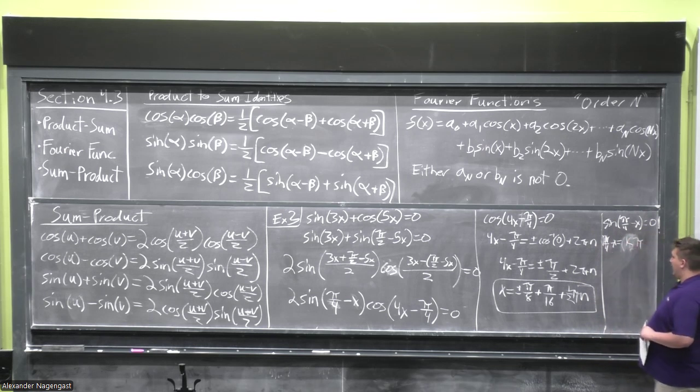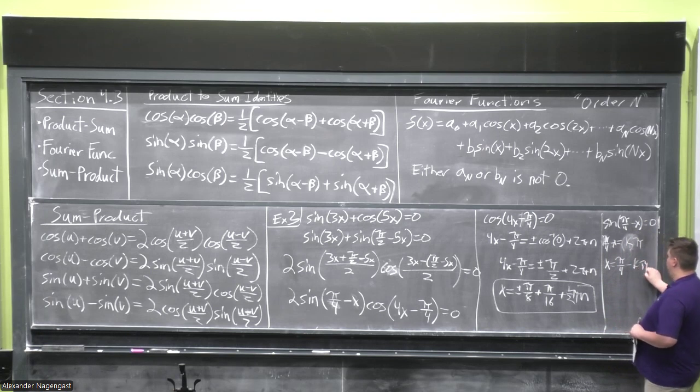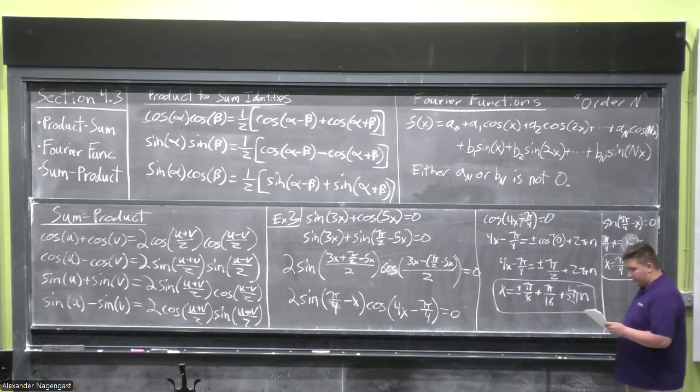We then subtract pi over 4, divide by negative 1, and so we'll get x is equal to pi over 4 minus k pi. And we have obtained our solution sets.